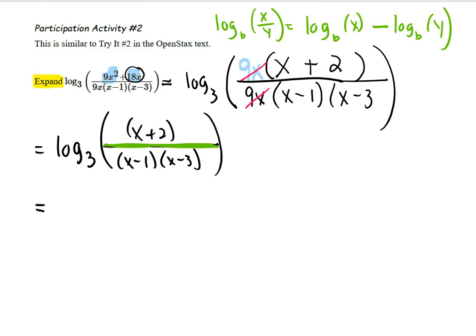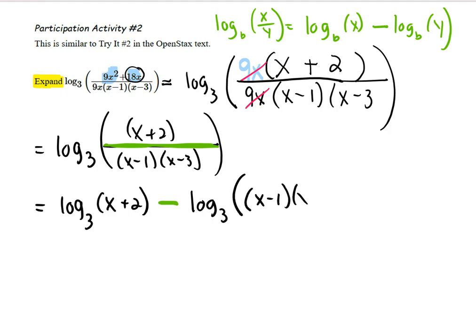So I am going to take the log base 3 of the numerator, which is an x plus 2, minus the log base 3 of the denominator, which is an x minus 1 times an x minus 3. Now that's step number 1.